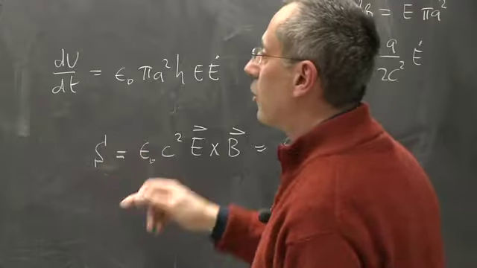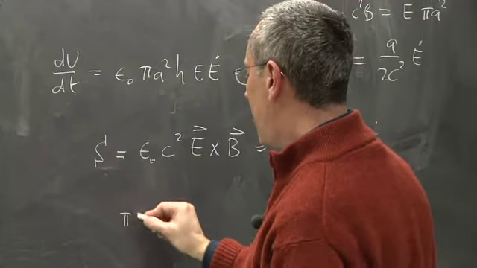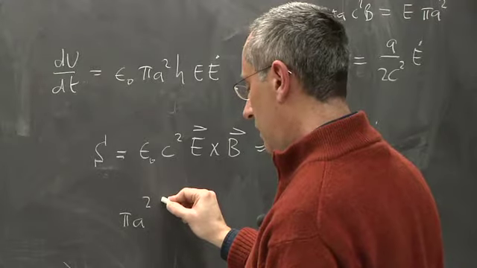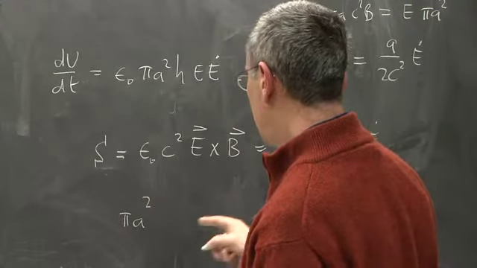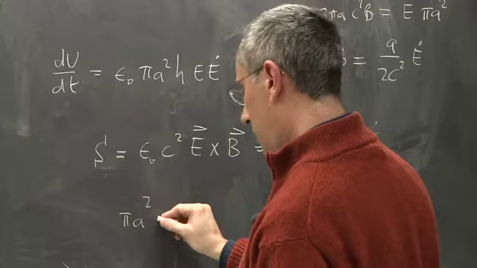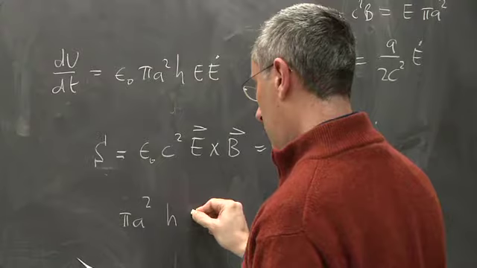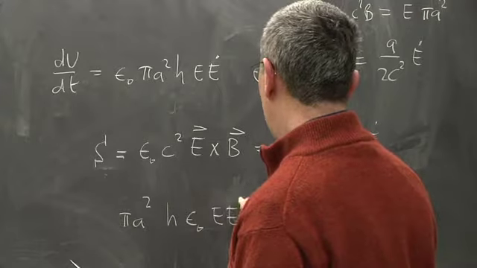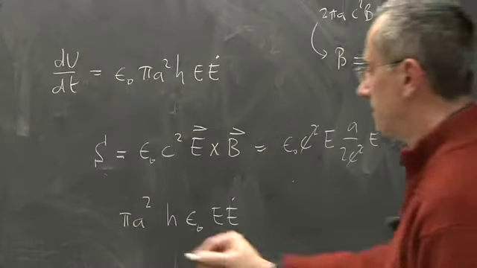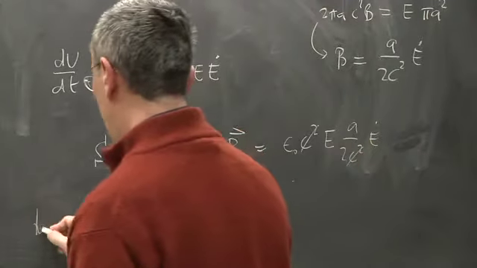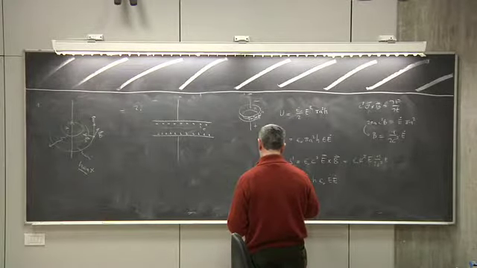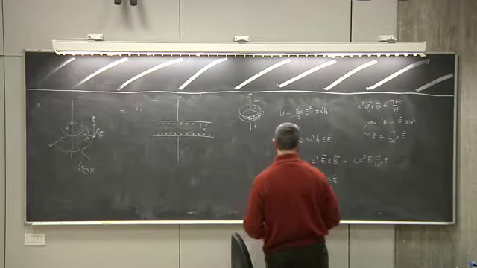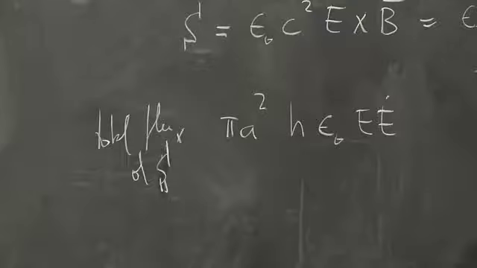And what is the flux of S going in? The total flux is pi a squared, right, times this here, so it's pi a squared h epsilon naught E E dot. So this is the total flux of S. Is this clear?